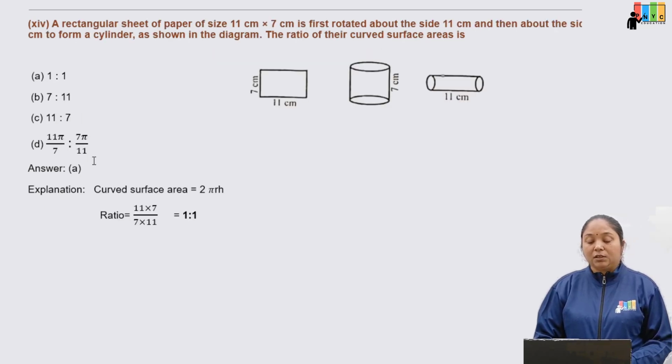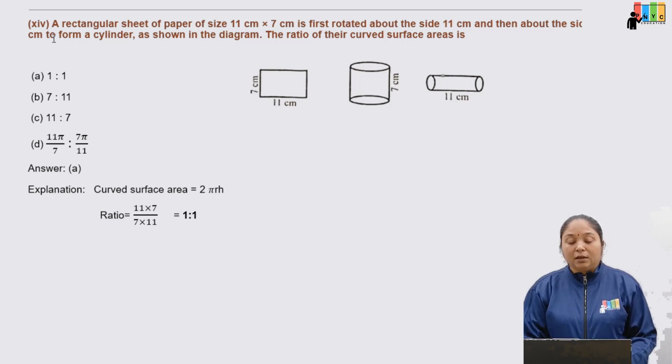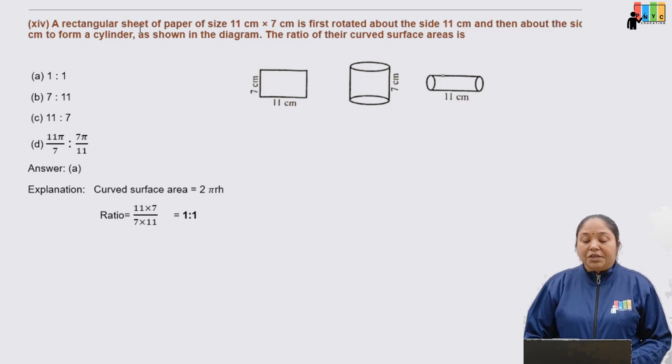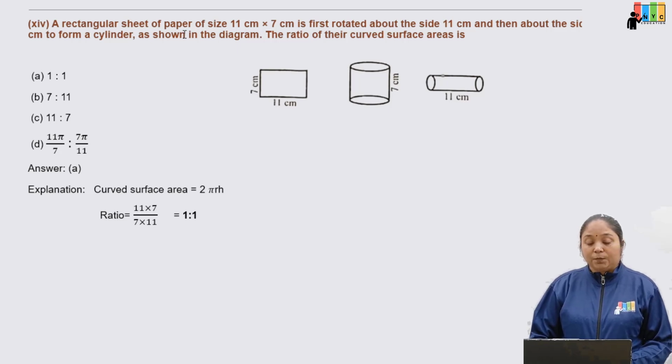The 14th question is: a rectangular sheet of paper of size 11 centimeter into 7 centimeter is first rotated about the side 11 centimeter and then about side 7 centimeter to form a cylinder as shown in the diagram.